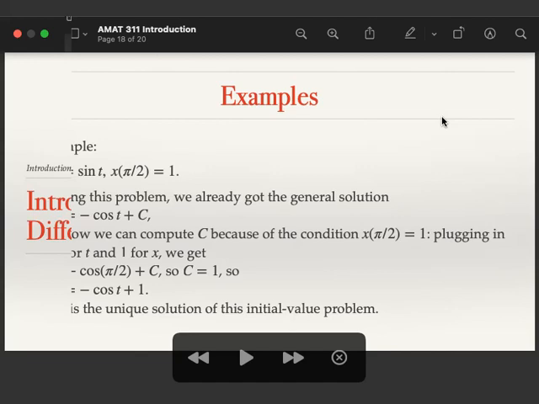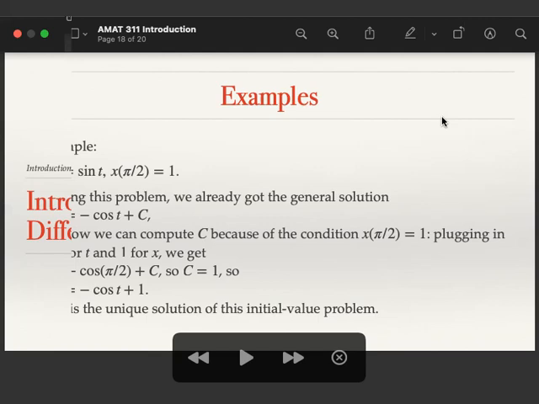We integrate both sides. So y is equal to the antiderivative of t. The antiderivative of t is equal to t squared over 2 plus a constant. But y was the derivative of x, and x is the function that we want to find out. So we use this answer that we already found for y.